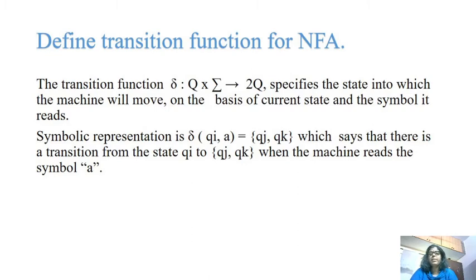The symbolic representation is delta of Qi, A. Qi is the current state, and it reads the symbol A and moves to multiple states, Qj and Qk. Since it is an NFA it moves to multiple states; if it were a DFA, it would move to a single state only. This is the difference between an NFA and a DFA. It says that there is a transition from state Qi to Qj and Qk when the machine reads the symbol A.